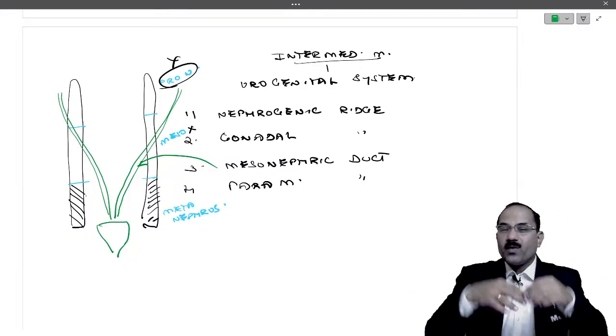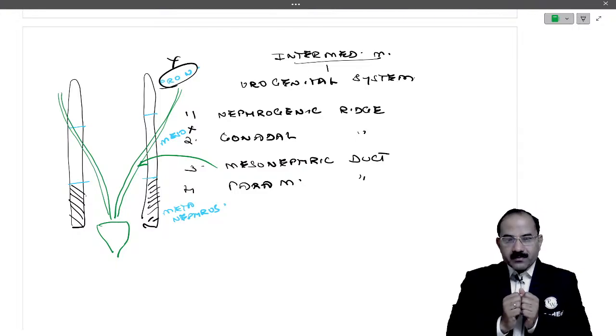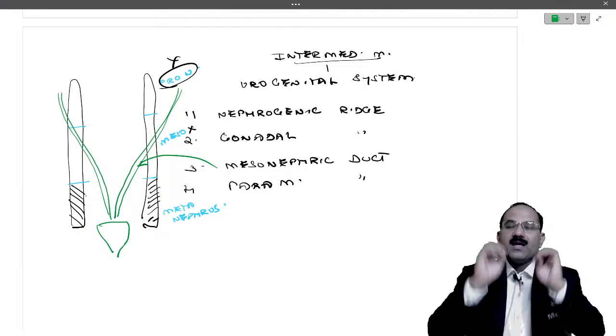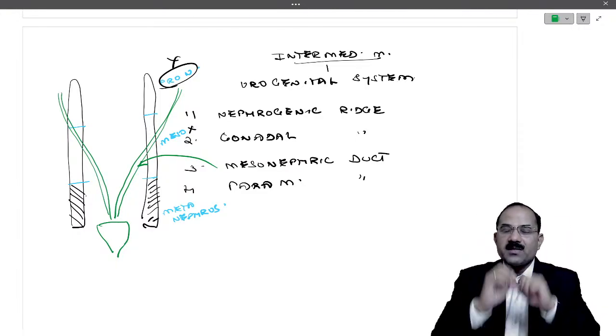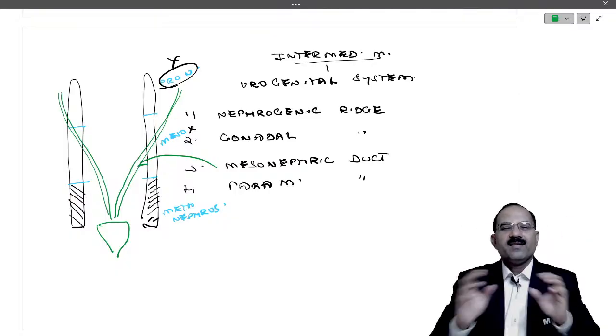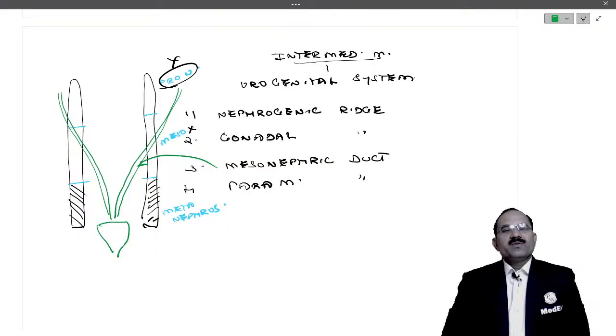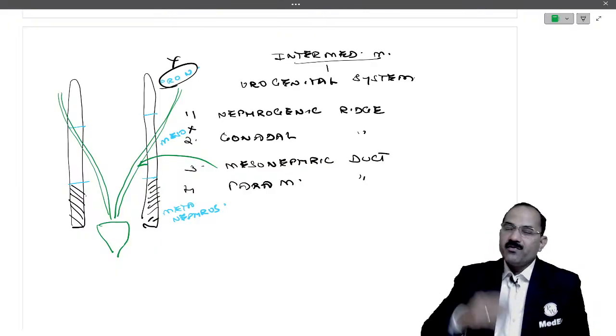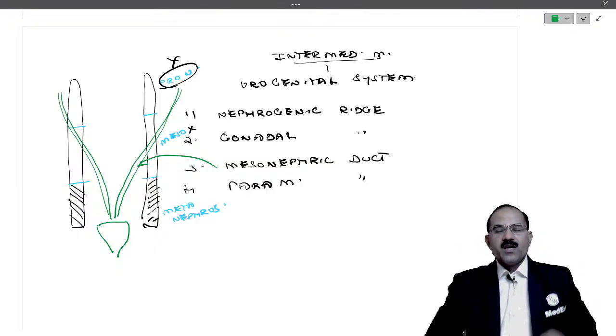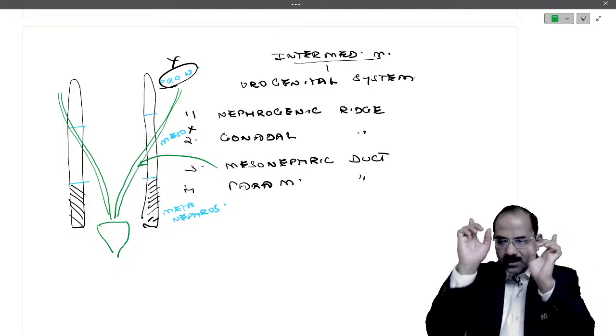Now what is this going to form? It forms the collecting tubules, the minor calyx, the major calyx, the pelvis, and ureter. Okay, so the ureters are derived from the ureteric bud, which is derived from the mesonephric duct. So the secretory part of the kidney is derived from the metanephros.